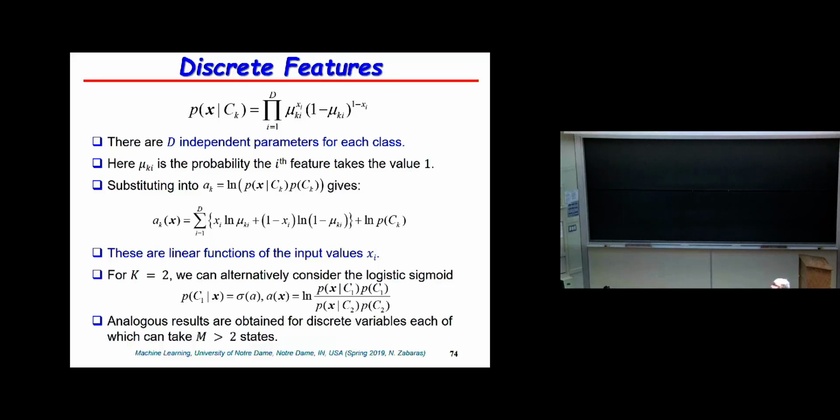And then at the end of the day, you throw a sigmoid to make these linear functions probabilities from 0 to 1.